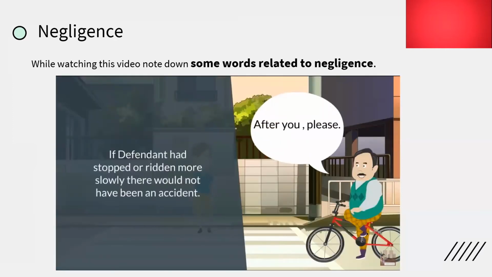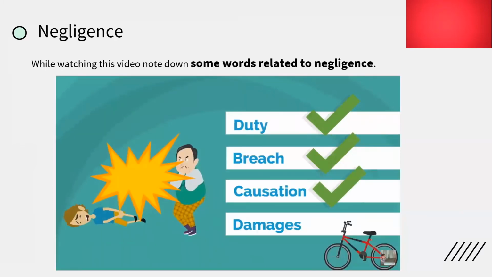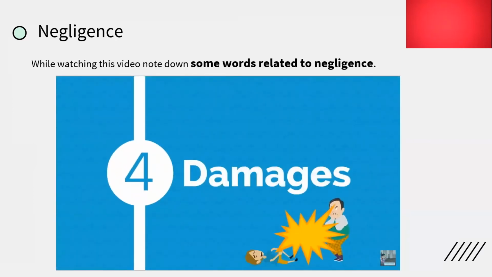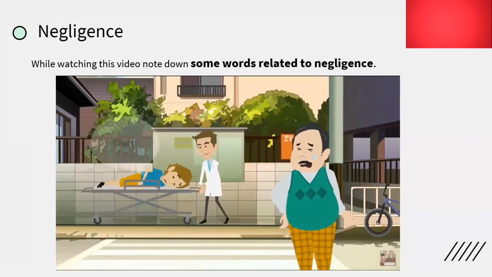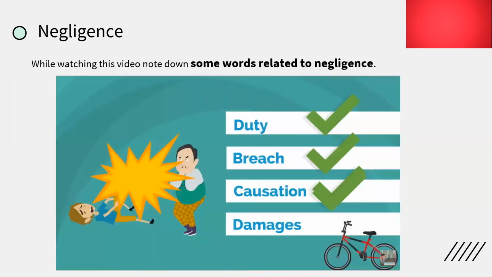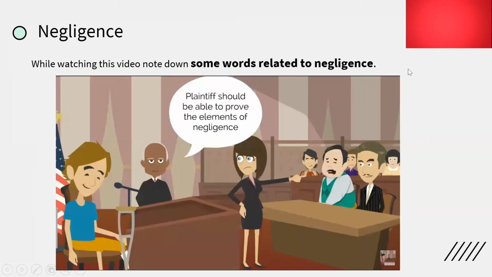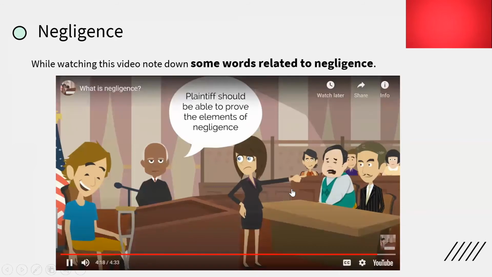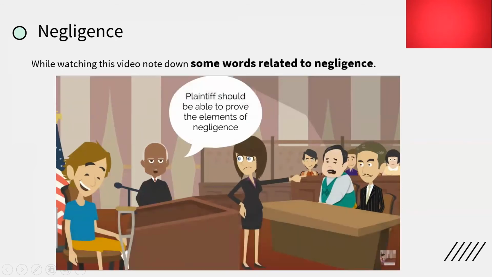Based on the facts as we understand them, it seems the defendant did cause the accident, because if he had stopped or ridden more slowly, there would not have been an accident. So it looks like the third element of causation is also satisfied. Now let's look at damages briefly. It seems that there's no dispute that the plaintiff was injured as a result of Dudley's actions. Therefore, we can say that all four elements of negligence have been satisfied. We can predict that Perry will win in his lawsuit because he should be able to prove all four elements of negligence.